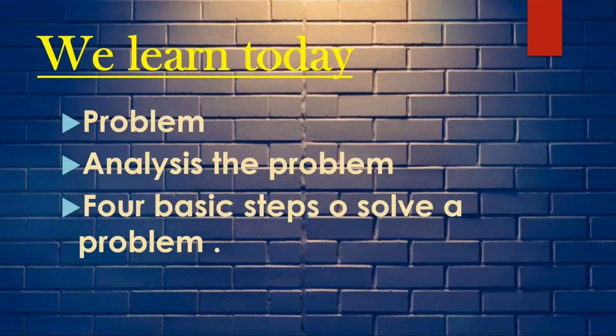Define the problem; generate alternative solutions, means knowing more than one solution; evaluate and select an alternative, means we have to select which one is better; and the fourth is implement and follow up on the solution, means whatever the best solution was, we are going to implement that. These are the 4 simple steps.